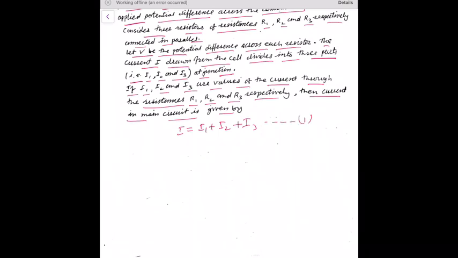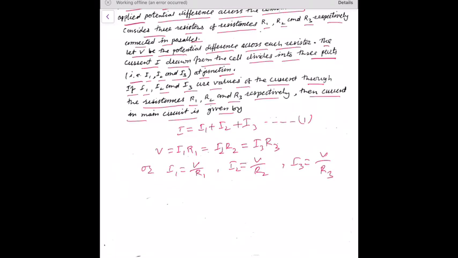It is equation first. Now the potential difference across each resistor is V. Therefore, applying Ohm's law, we have V equal to I1 R1 is equal to I2 R2 is equal to I3 R3, or I1 is equal to V upon R1, I2 is equal to V upon R2, and I3 is equal to V upon R3.